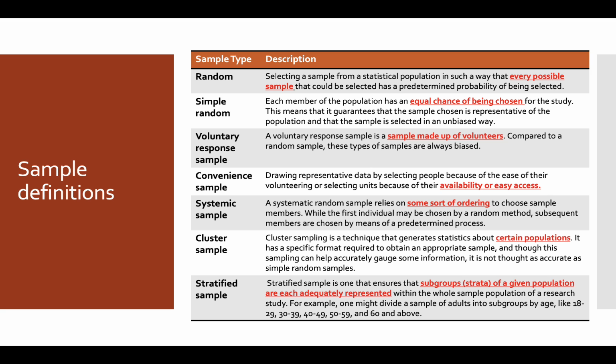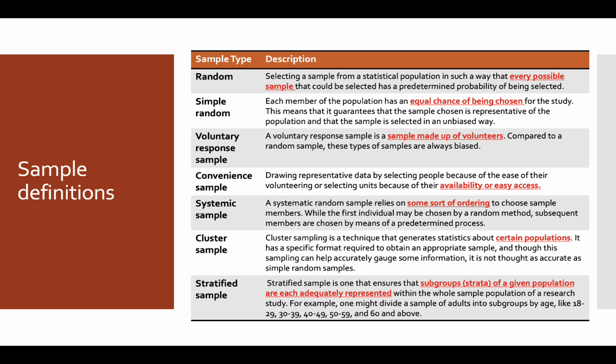Now, a systematic sample uses some sort of ordering to choose the sample members. It may be something like a random method or some method that has a predetermined process. So say, for example, you're going to take every fifth person on your list. That would be systematic. Now, cluster means that it is certain populations.